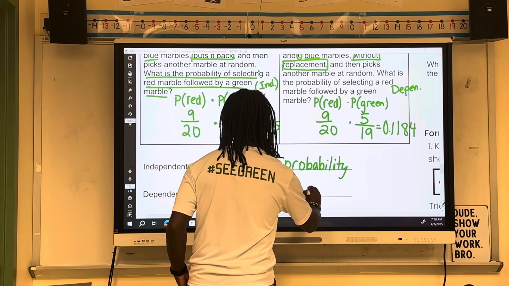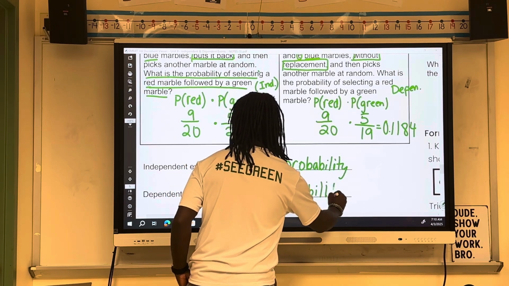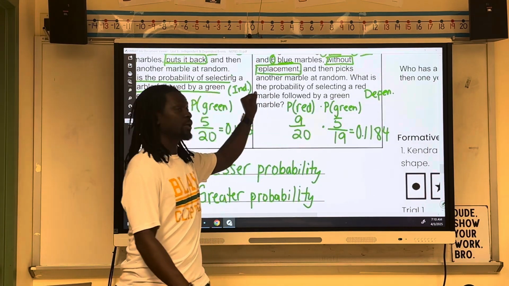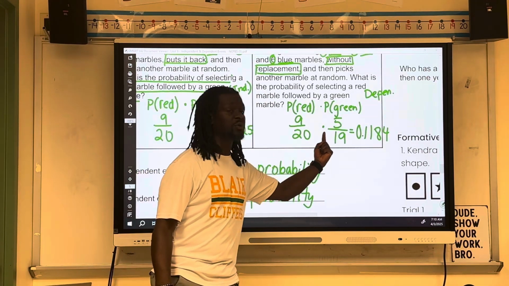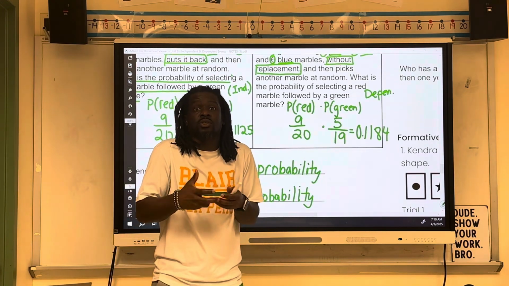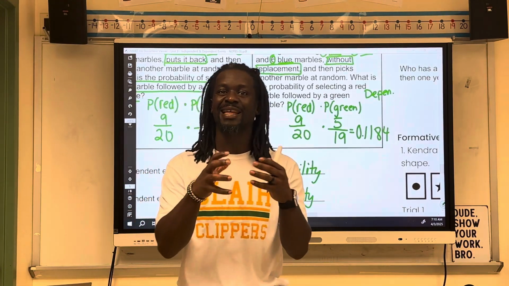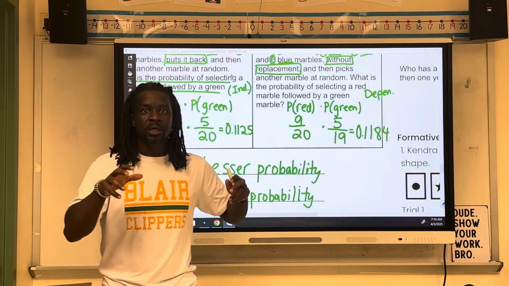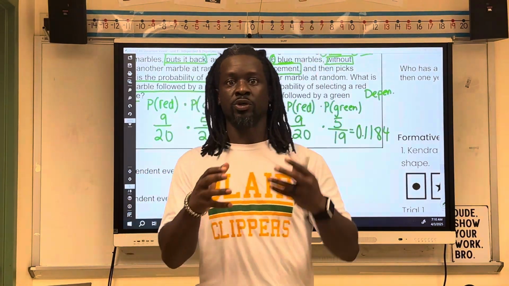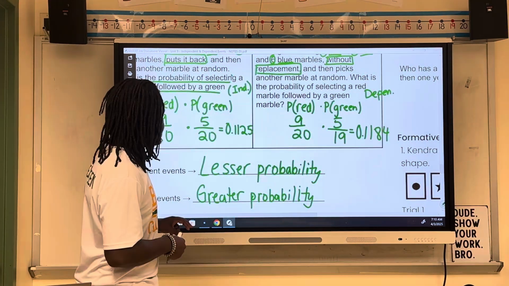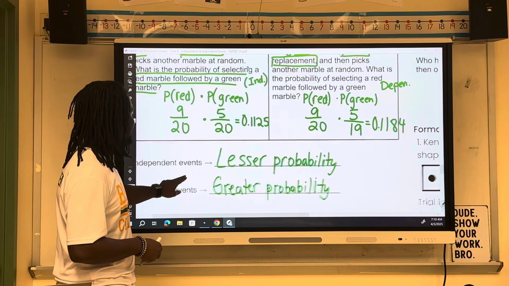As we saw, the reason for that is because I am taking one away, so I have one fewer outcome in the second event. My chances are going to be higher because I have fewer marbles left. Whenever you remove a marble, your probability goes up because you have fewer outcomes, so a greater chance of getting that one.